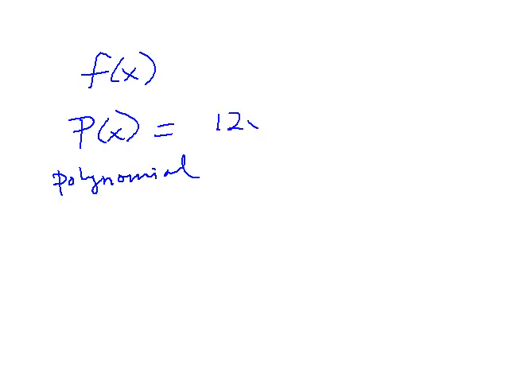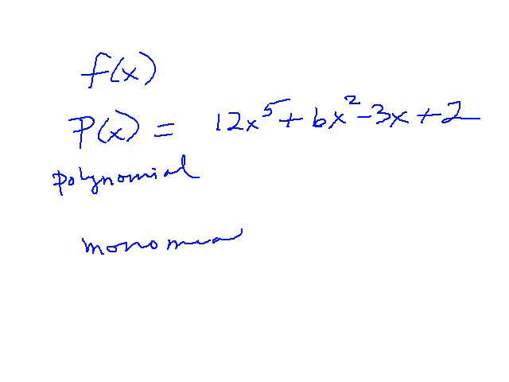It could be 12x to the 5th plus 6x squared minus 3x plus 2. 2, in fact, is a monomial, and this will come up later. 2 does contain a variable, x raised to the 0th power. So it's a monomial. So here's your collection. Adding and subtracting together some group of monomials makes up the polynomial.